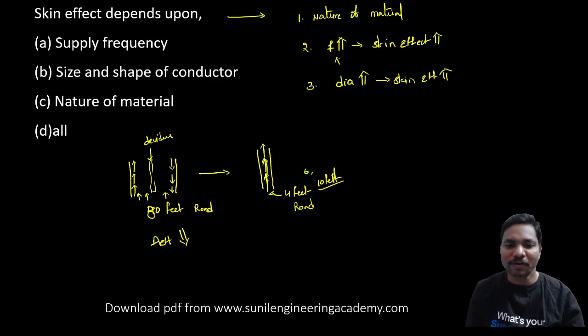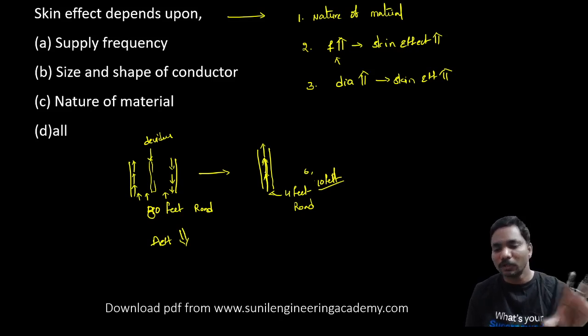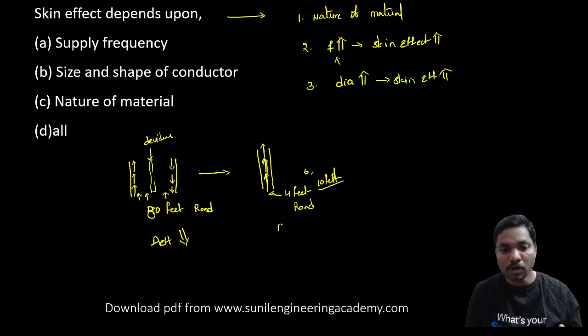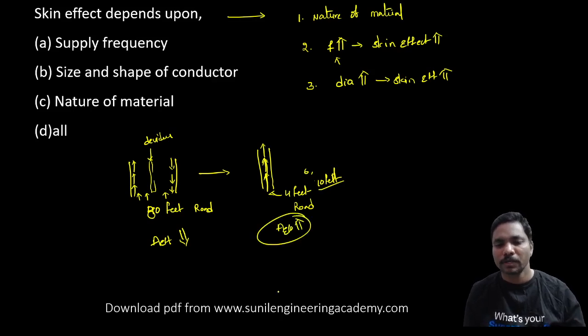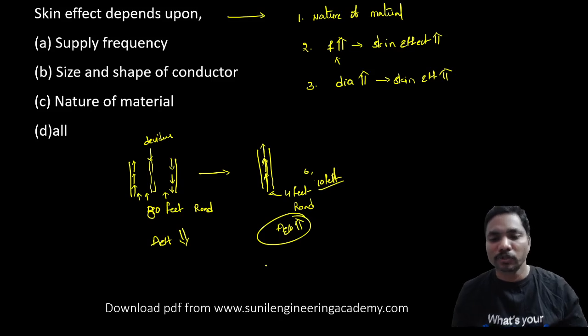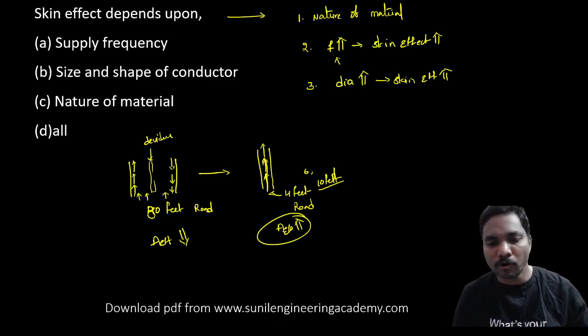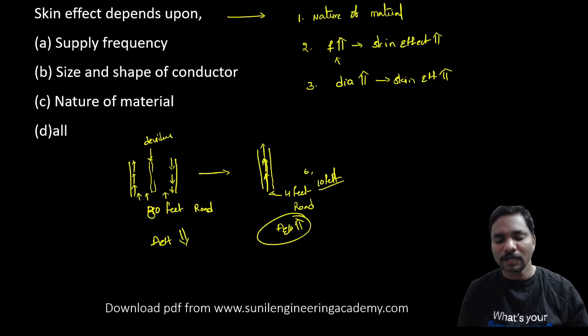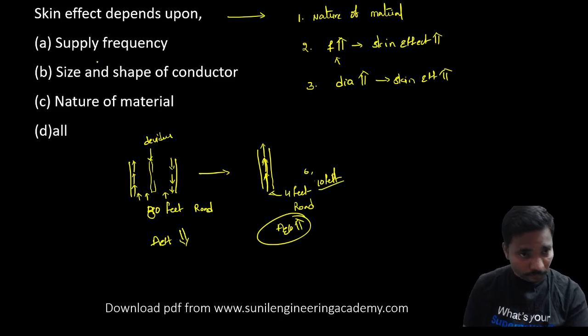If one lorry goes, it covers the total area. So there is no wasted area here. So effective or utilized area will be more, and whenever the utilized area is more, we get less losses. So it depends upon all these three.